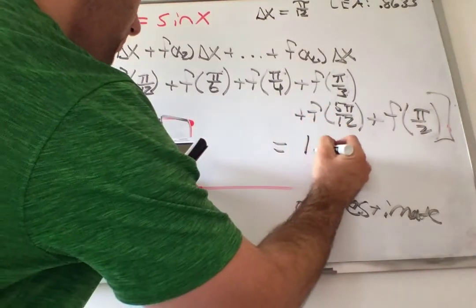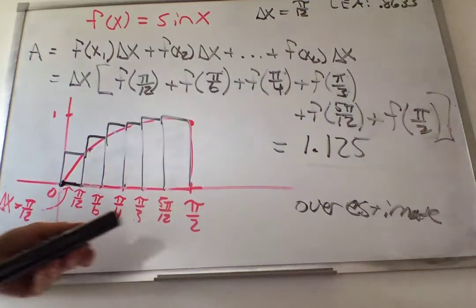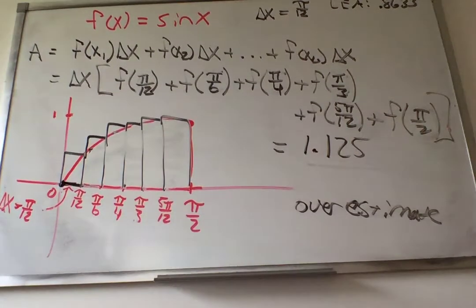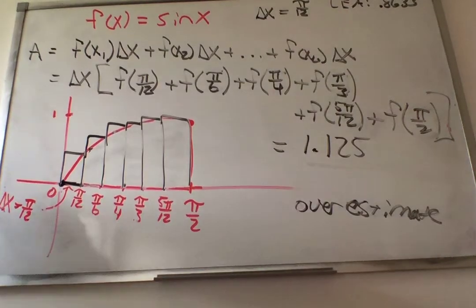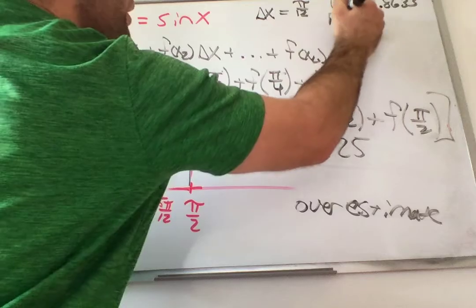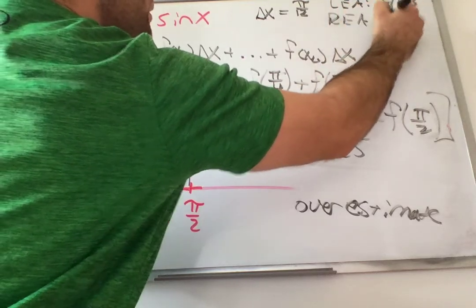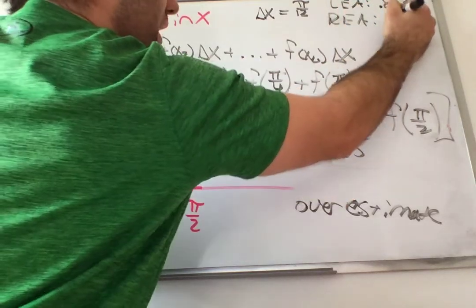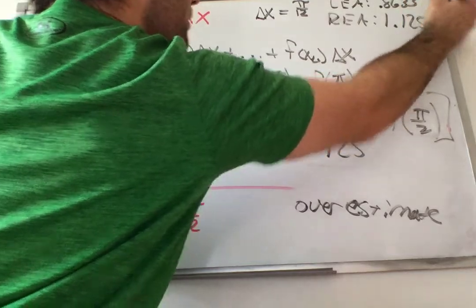So you get 1.125. So our right endpoint approximation of the area is 1.125.